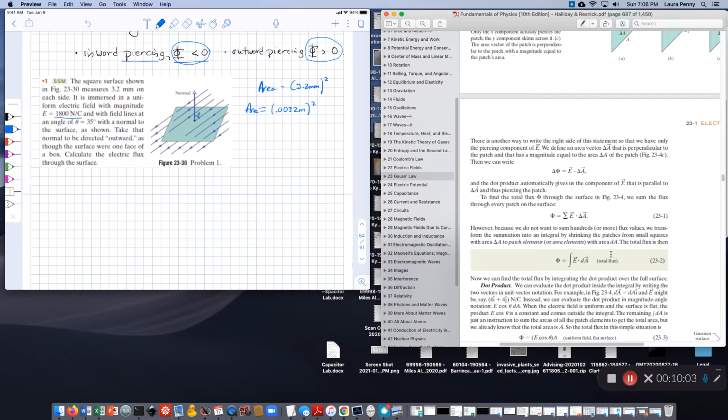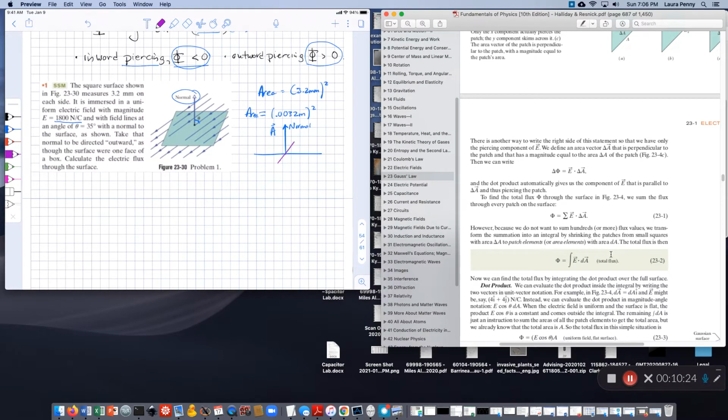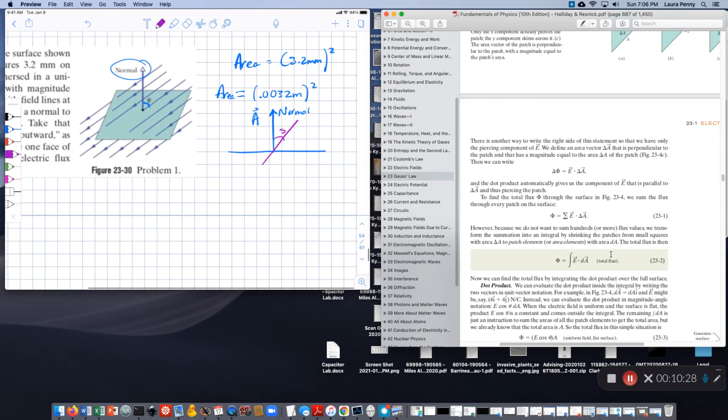But if I really draw this, so if this is my plane right here, and here's the normal that they're showing me right there. And that is the direction of the area vector. And then the electric field is actually being directed like this. So it tells me this is 35 degrees.